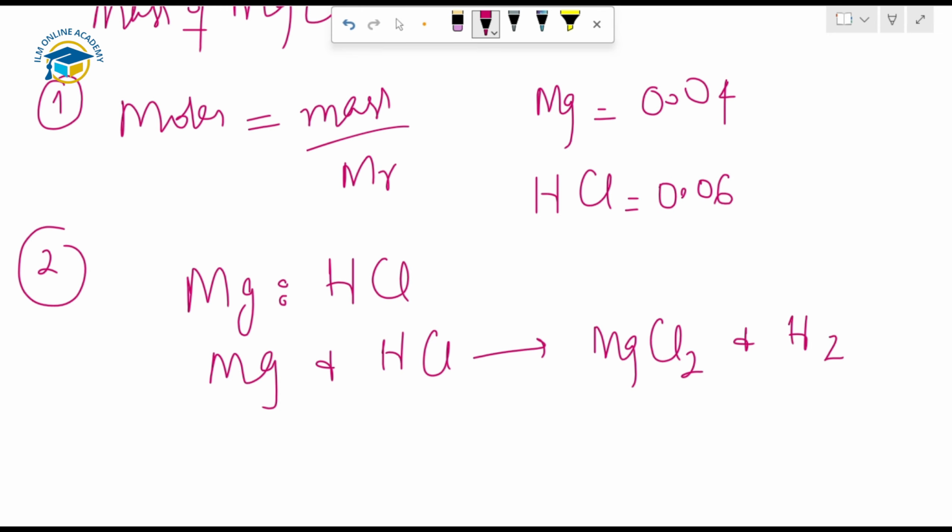So this is the balanced equation. You can check that the ratio is 1 to 2: 1 mole of magnesium reacts with 2 moles of hydrochloric acid to form the magnesium chloride.